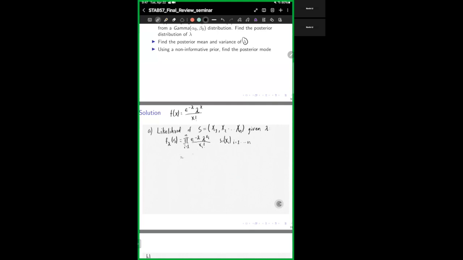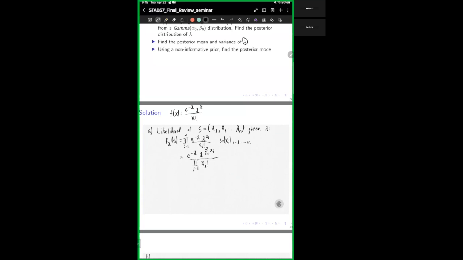Equal to e to the negative lambda times lambda to the sum of xi, for i from 1 to n, over, I can just keep that over here, the product for j equal to 1 to n of xj factorial.